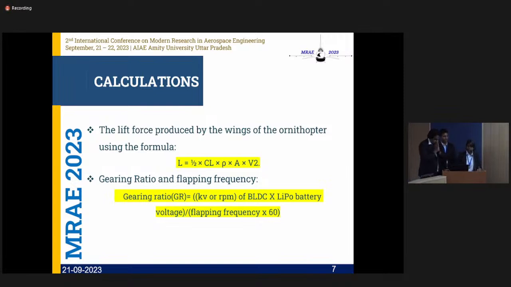Now, in our ornithopter, we used a 1400 kV BLDC motor and a LiPo battery of 4.7 to 8 volts. After applying all these values, we got the gearing ratio approximately 34.33, and the actual gear value is 33. Accordingly, we have designed our gears and arranged our ornithopter. Thank you.